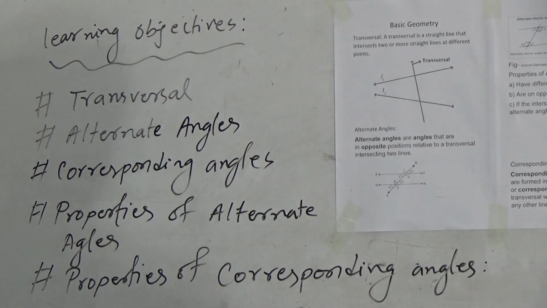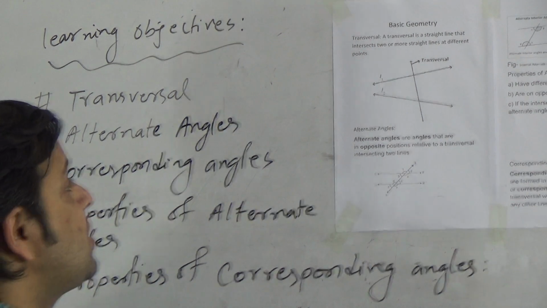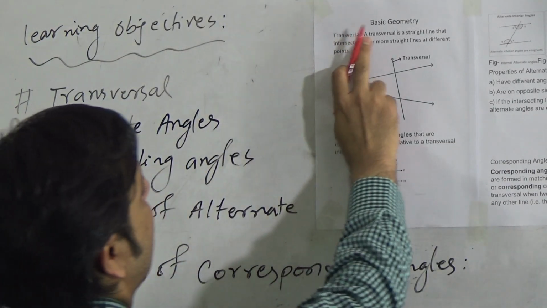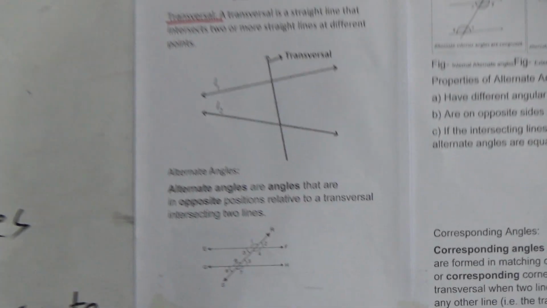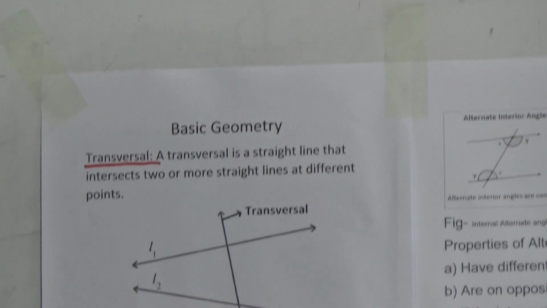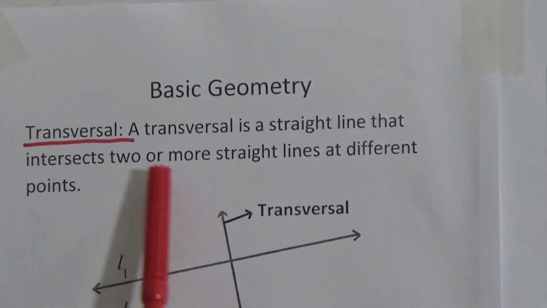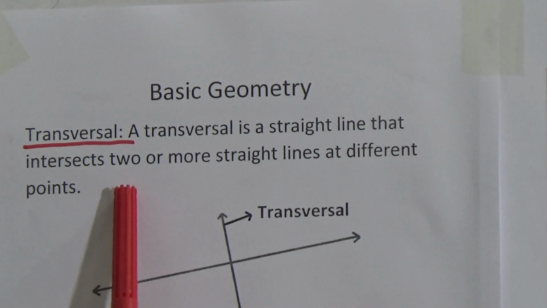Okay, dear students, let us see at first what is a transversal. A transversal is a straight line that intersects two or more straight lines at different points.